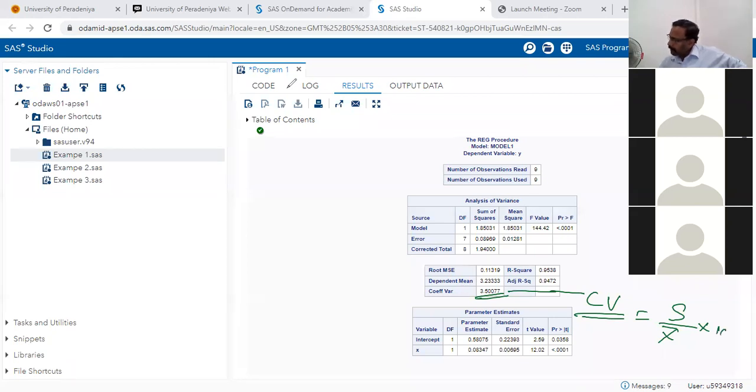So this is given by the CV. We need two other things. One is the R square. In regression, these are the two things.